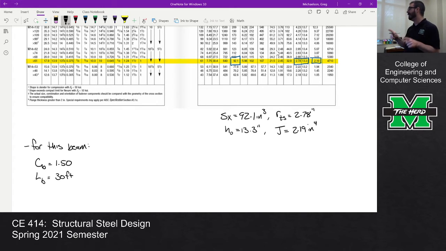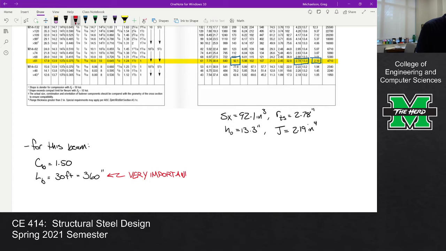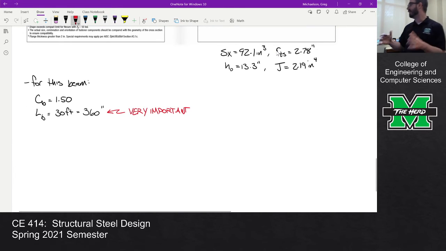One thing you need to do with zone 3 is convert that to inches, because what you're going to be doing is computing an L over R. For L over R, the R is the RTS. Since RTS is in inches, the LB also has to be in inches so that the units are copacetic.